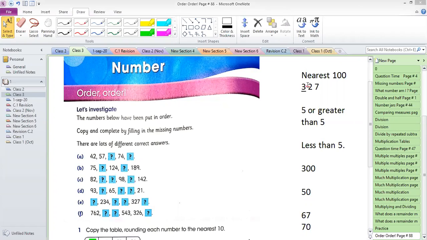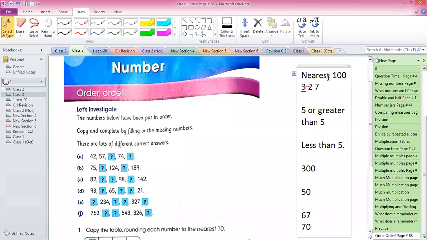So this is 327. Again, I'm repeating, you have to round off to the nearest 100, so you underline the 3. Check exactly right to that number, which number is there. That is 2. Exactly right to the hundreds place, if the number is 5 or greater than 5, then you will add 1 on the hundreds place and write 2 zeros.